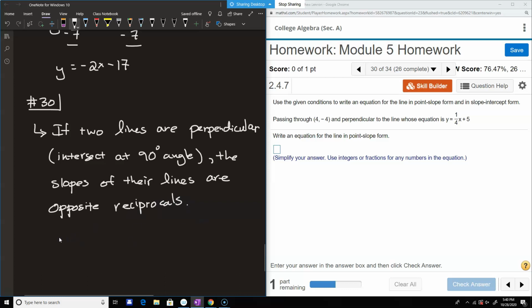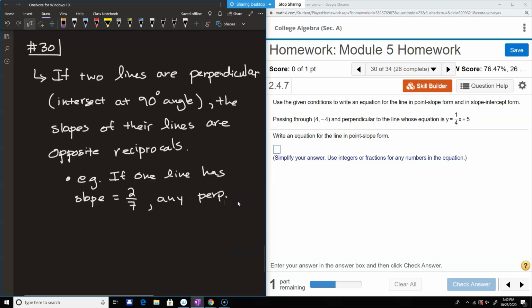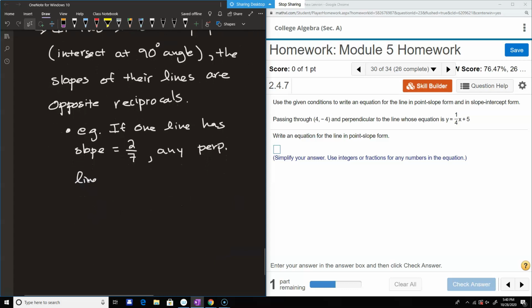So let's say, for example, if one line has slope equal to 2/7, any perpendicular line must have slope equal to -7/2. So you have to flip it and you have to change the sign.